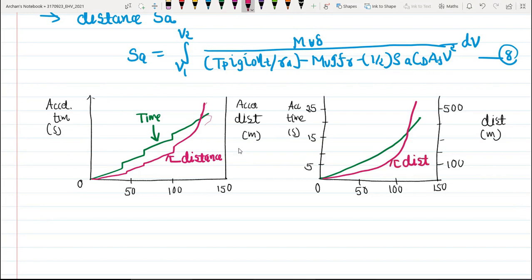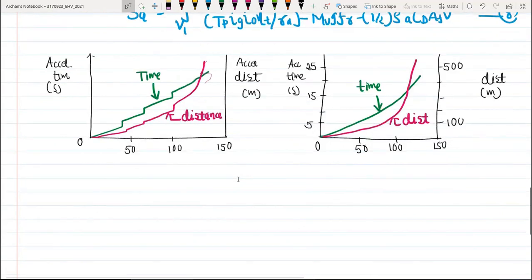This is representing distance, and the one with the green line represents the time. When you compare these two, you can see we are getting a very smooth curve in case of the electric vehicle. So this is also one of the advantages of the electric vehicle.